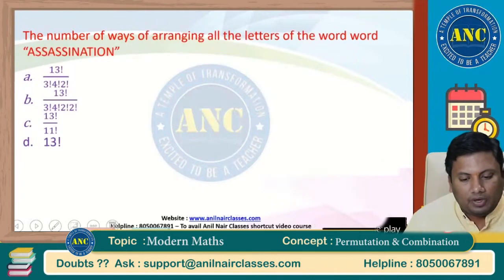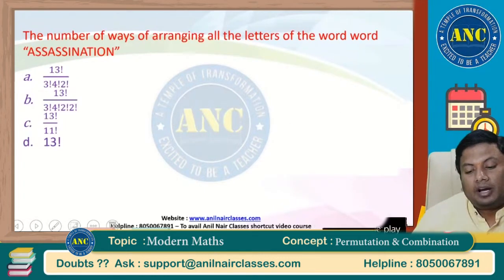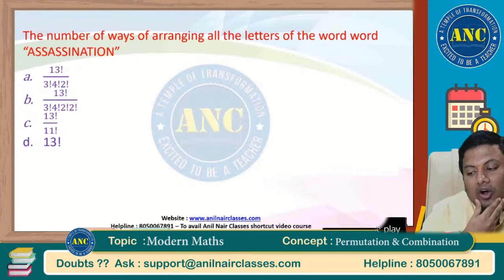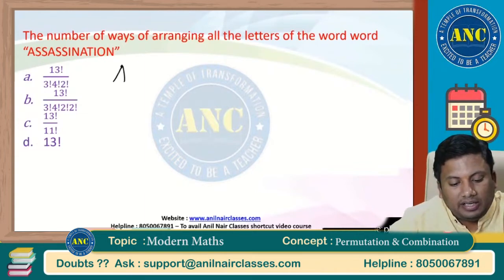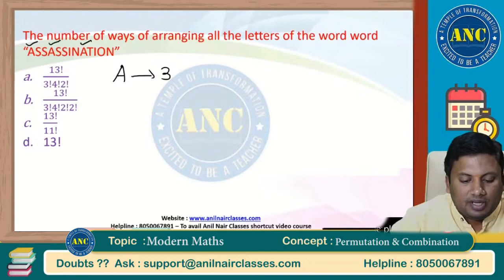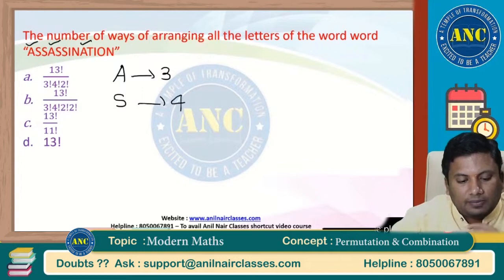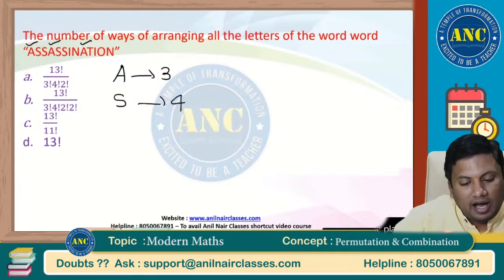Very, very important question. Number of ways of arranging all the letters of the word assassination. A, how many times is it present? 1 time, second time, third time. A is present 3 times. S, how many times is it present? 1, 2, 3, 4. 4 times. I, how many times?